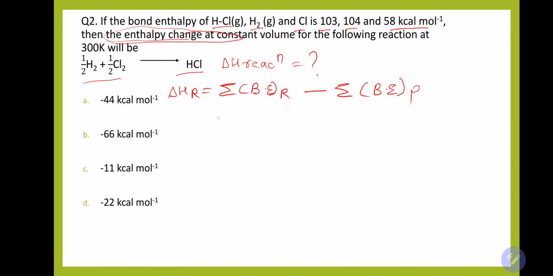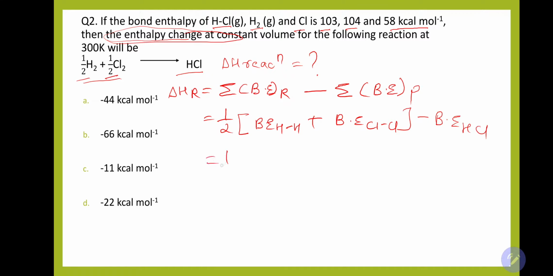What we can take over here is half, as both contain the half, into the reactants, that is the bond energy of H-H plus the bond energy of chlorine, minus the bond energy of the product. What is the product? That is HCl.